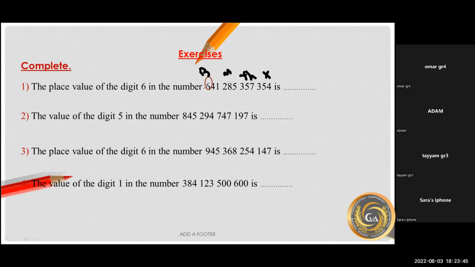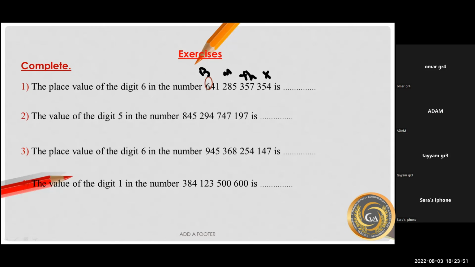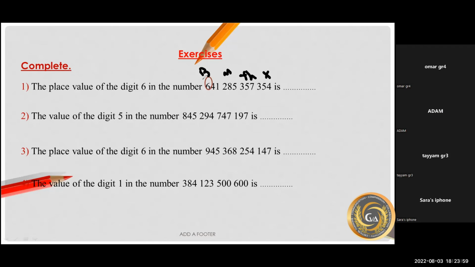Now I have number 6 in the house of billions. So I have billion, 10 billion, 100 billion. So 6 here is what? 100 billions. Very good. So right here, 100 billions.